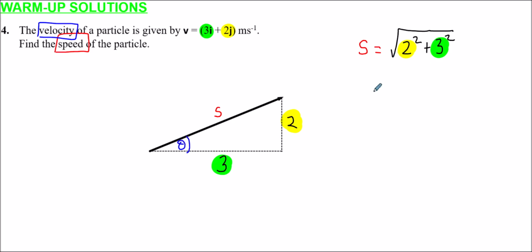So I'm going to leave this as a surd, in fact. So 2 squared plus 3 squared will be root 13. So the speed is root 13 meters per second. Now, whether we use a surd or rounded decimal depends on the context of the question, but the question doesn't say, so I think we're okay to leave it in exact form. The speed is just root 13 meters per second.